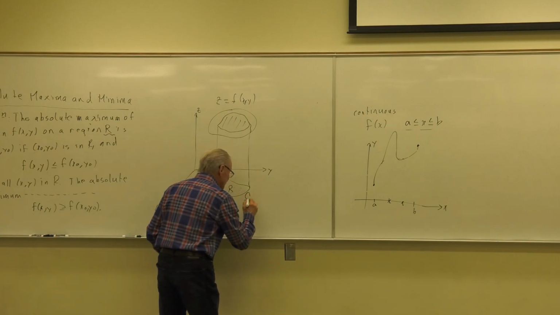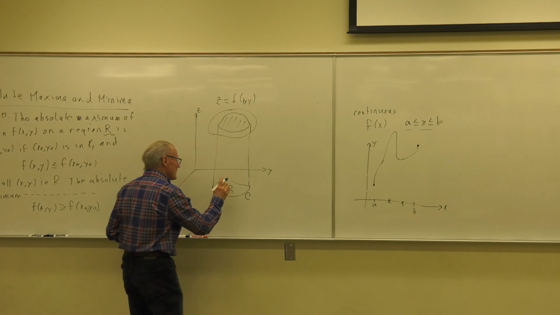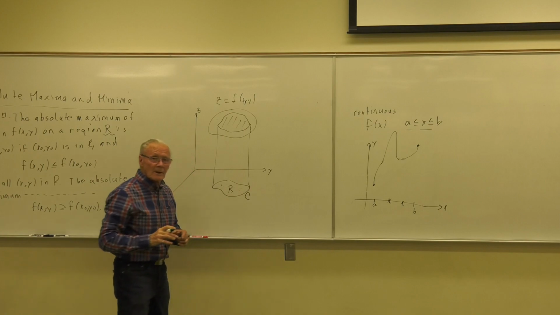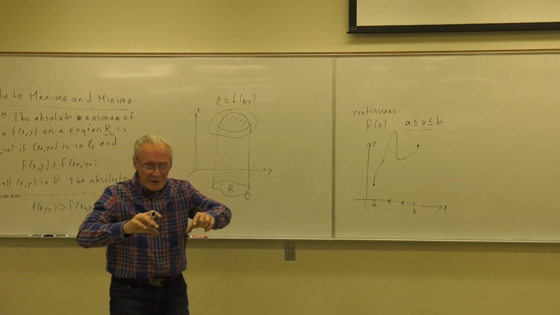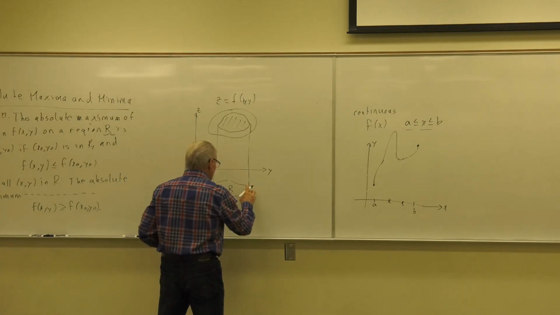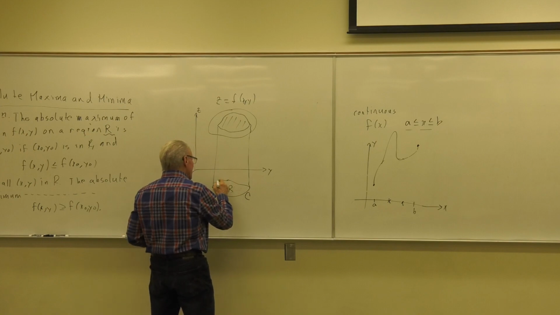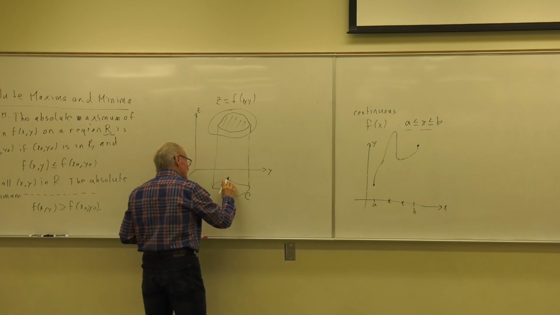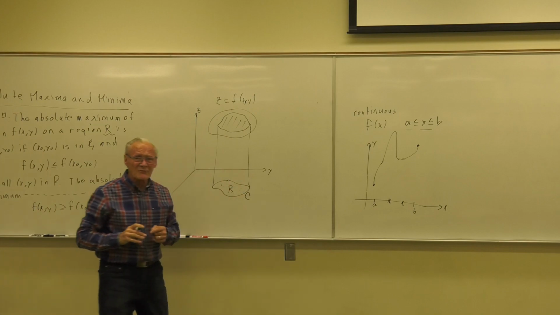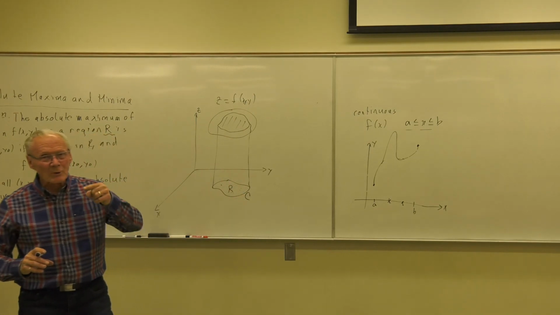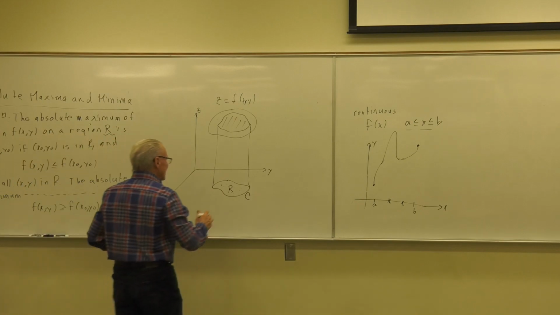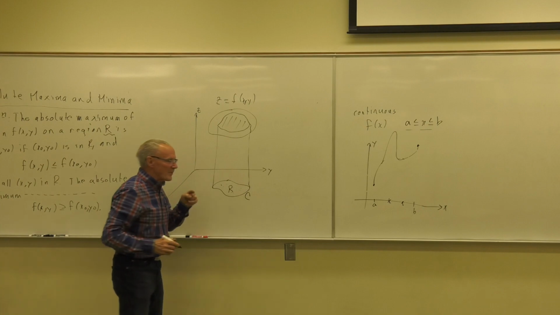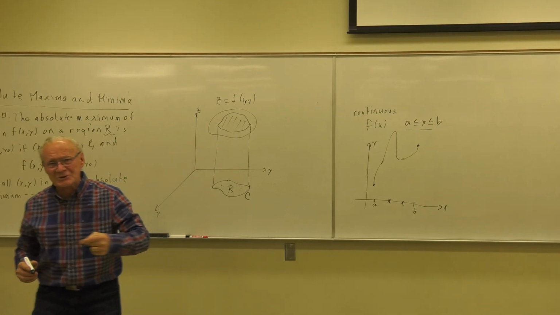Suppose that curve is C. I've now got the function evaluated at all the critical points, and I've got all those numbers listed here, and I have to go to the edge and ask, are there any points on the edge where the value of the function is bigger than these inside, if I'm looking for the max? So what I really have to do is find the maximum value of the function along the edge.